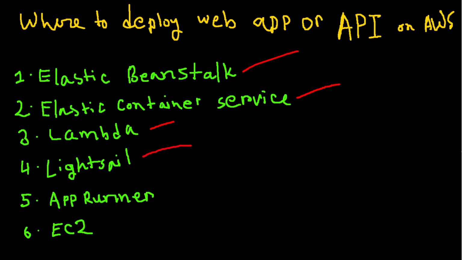Next, we have AppRunner. Now, AppRunner is kind of like Elastic Beanstalk. It's a lot like Elastic Beanstalk, but ladies and gentlemen, AppRunner abstracts away so much stuff and doesn't give you the option to dive deep into your infrastructure.